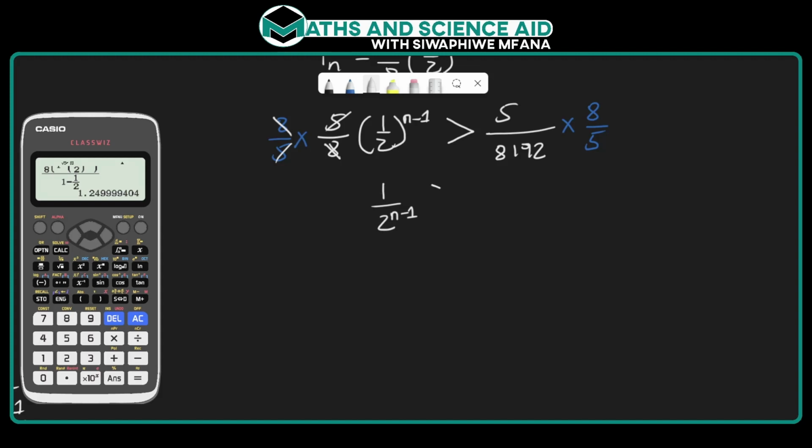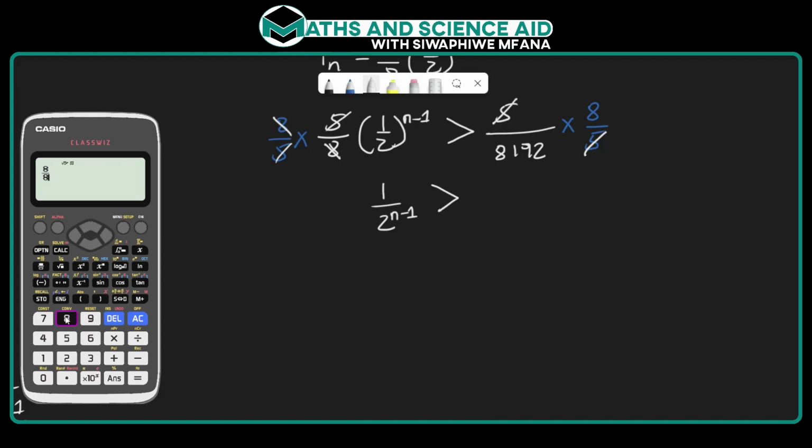for 2. And on this side, we note that 5 can also cancel with this 5 here. And then we will be left with 8 over 8,192. And let's see if that can be simplifiable.